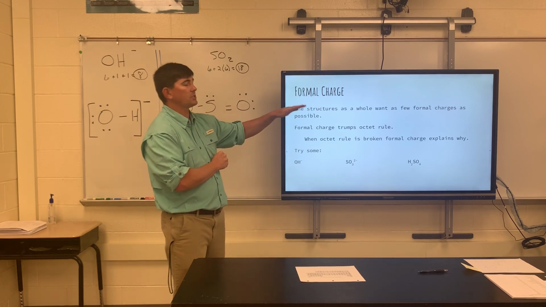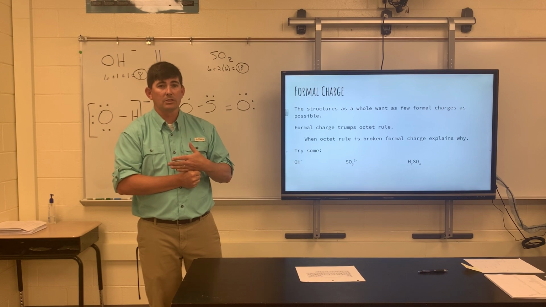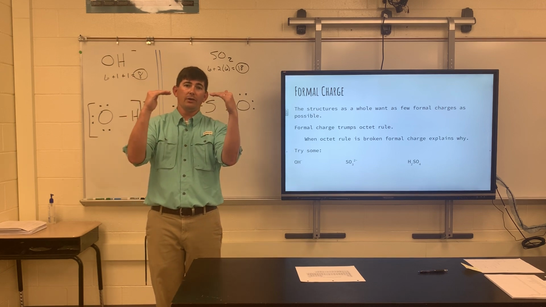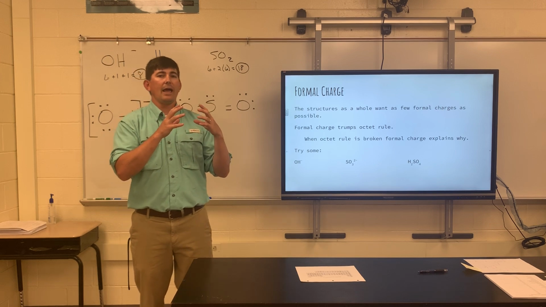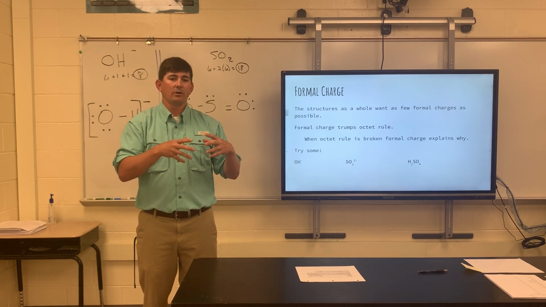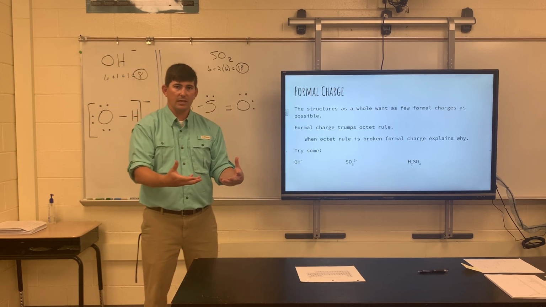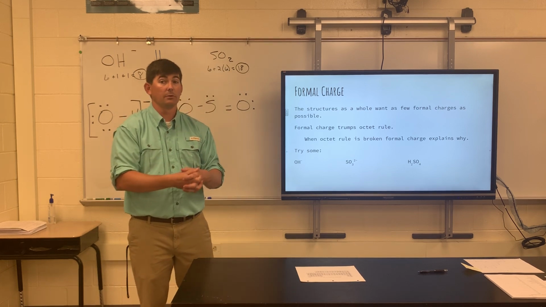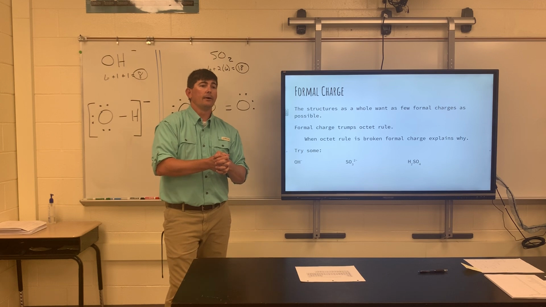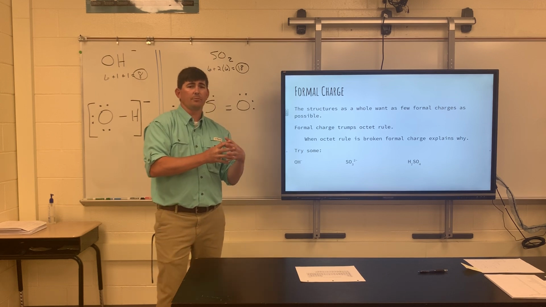Formal charge trumps the octet rule. There's times when you get to the 3rd period and below where atoms can have overfilled shells. Their octet rule can be broken by having more than 8 electrons, up to 12. I'll show you an example of that.